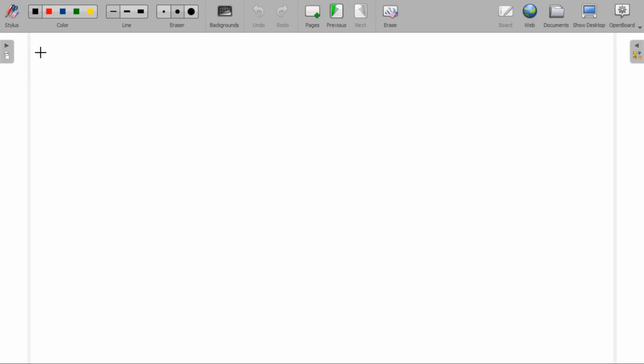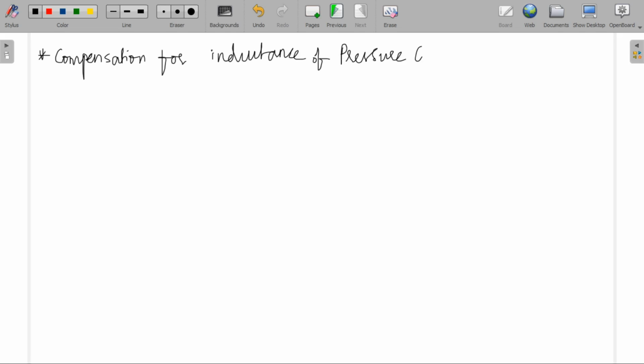Now coming to the compensation, how can you eliminate that error due to the pressure coil inductance? Next one is compensation for inductance of pressure coil. Let me draw the pressure coil circuit.